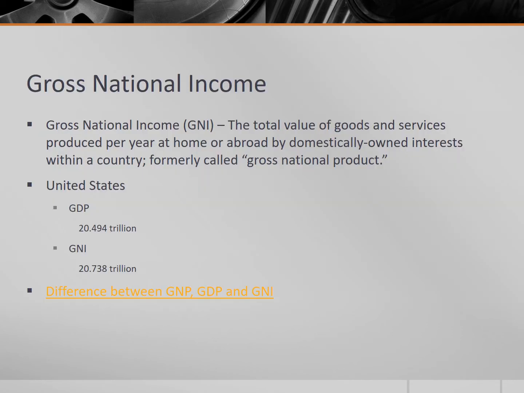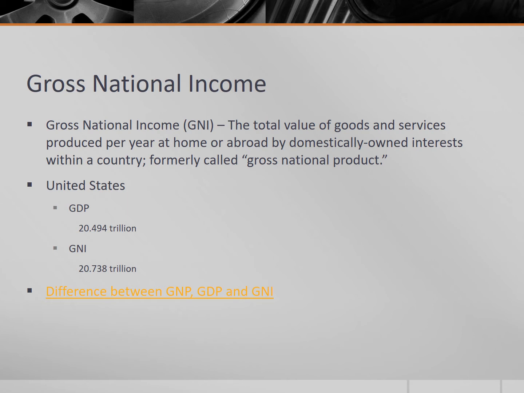Another way that we can evaluate economic income is using gross national income, or GNI, which is the total value of goods and services produced per year at home or abroad by domestically owned interests within a country, formerly called gross national product. Now, to help us understand the difference, let's give an example.